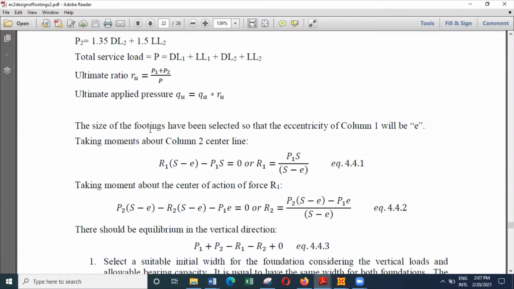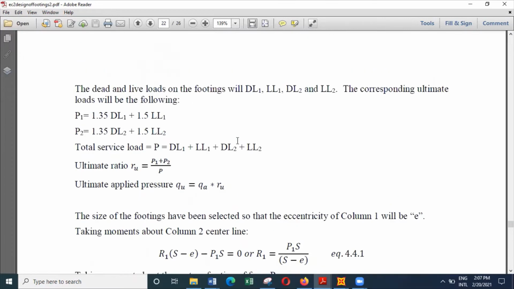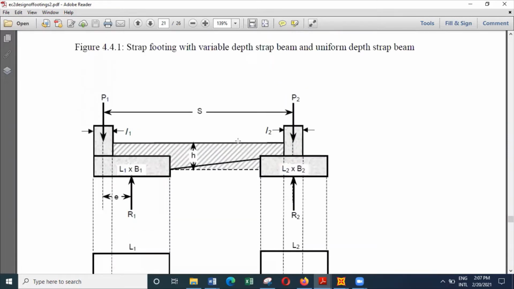Last time we briefly discussed these equations. If you want to design this strap footing, we need to find the values of R1 and R2, because P1 and P2 are known at the service conditions, so we can also find P1 and P2 at ultimate limit state, so that we can find the bending moments and shear forces as ultimate values on the connecting beam.